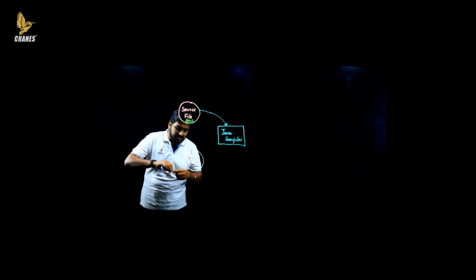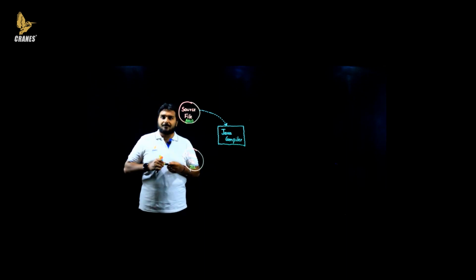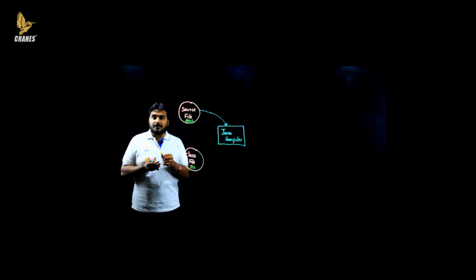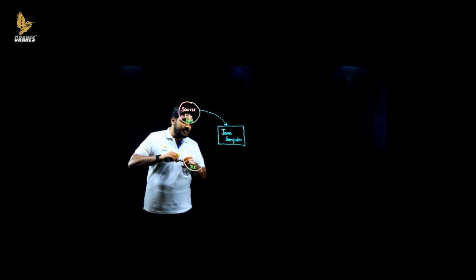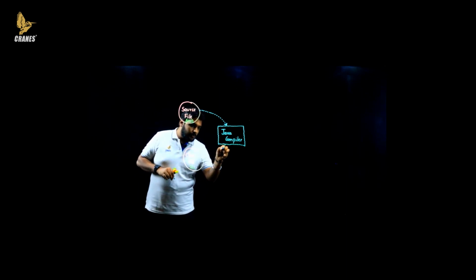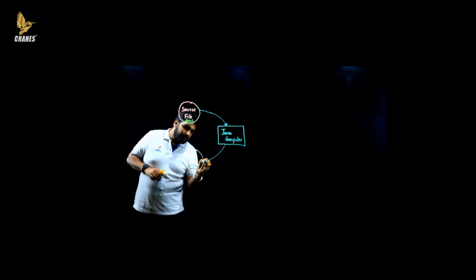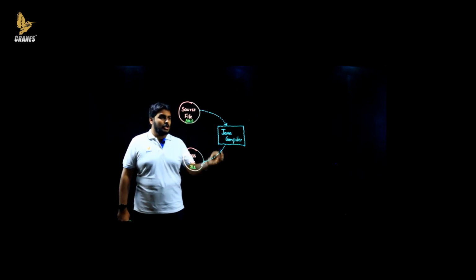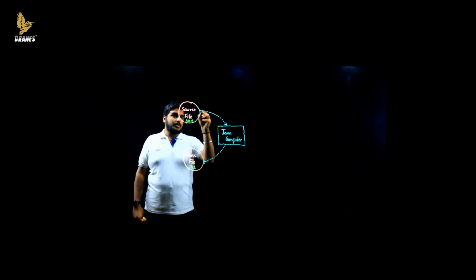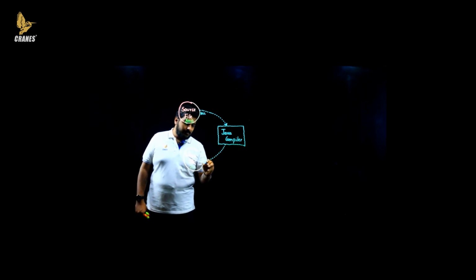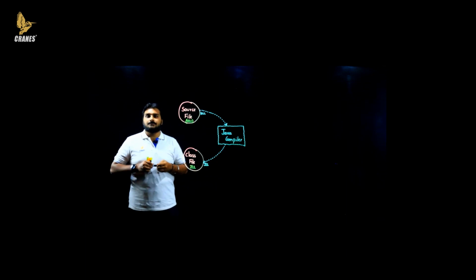The class file contains code in intermediate level language. This is the output that you will get from your compiler. So it took high level language as input, and it produced intermediate level language as output.